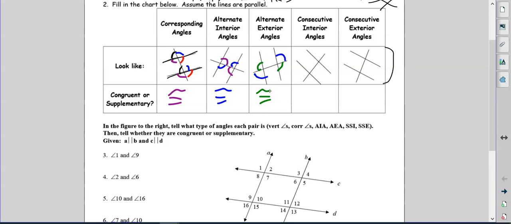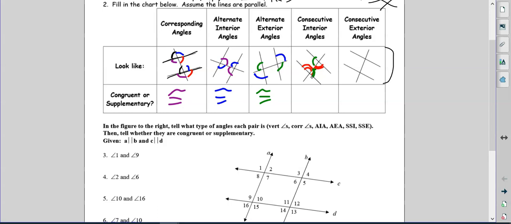Now we have a new one here, consecutive interior. This one and this one here. I haven't been using 1 and 2 marks, but I definitely want to here to stress that one of these is usually going to be acute and one's going to be obtuse. Or you have this one here, which is alternate interior, the 2 reds are the same. And this one, oops, that's supposed to be green. It didn't change because alternate interior are the same.